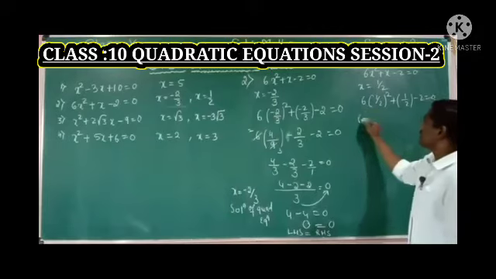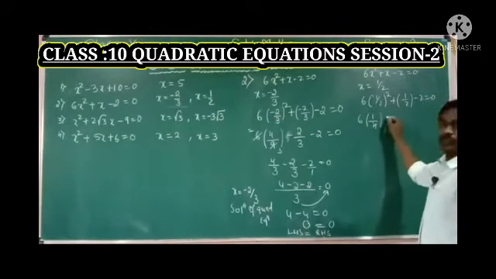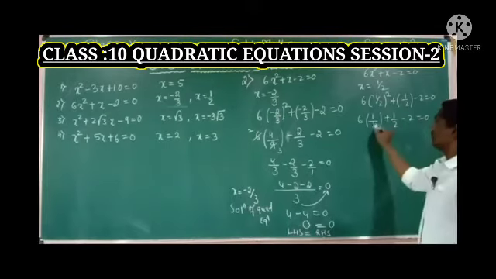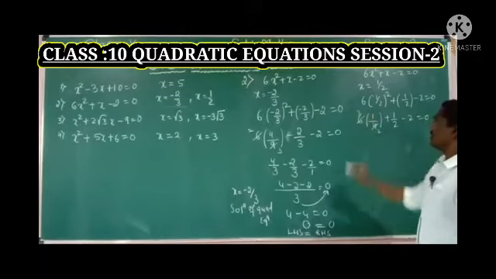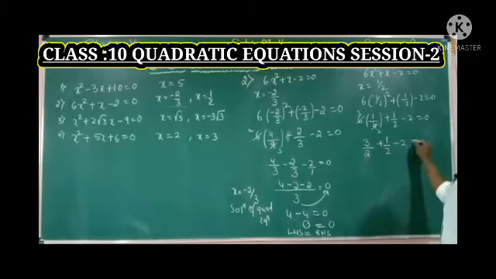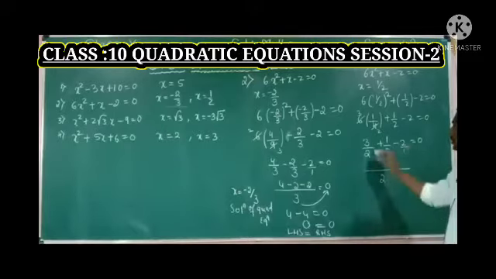Write this 6 as it is. 1 square is 1 and 2 square is 4, plus 1 by 2, minus 2 is equal to 0. 2 2s are 4, 2 3s are 6. The simplified term is 3 by 2. 3 by 2 plus 1 by 2 minus 2 is equal to 0. The denominator of 2 is always 1, so take the LCM. LCM of these numbers is 2.